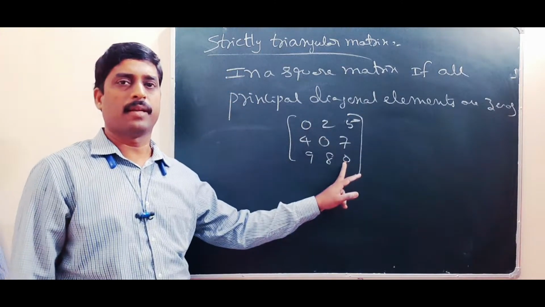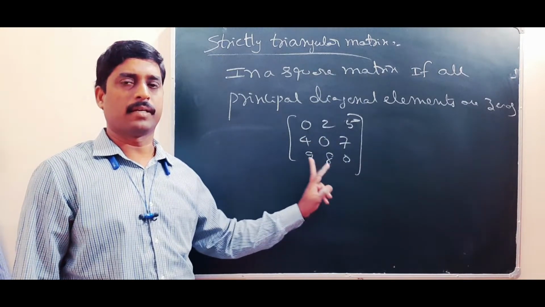If all principal diagonal elements are zeros, then it is called strictly triangular matrix.